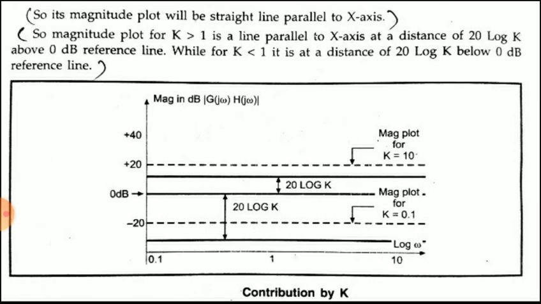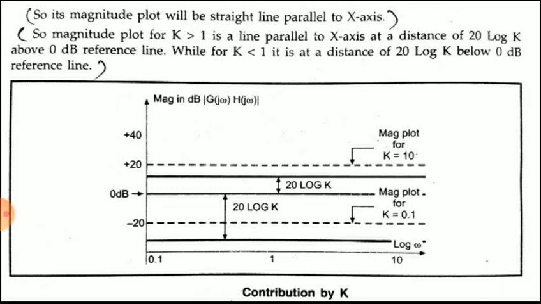For system gain k, the magnitude plot will be a straight line parallel to the x-axis. Now we will see what the magnitude plot and the phase angle plot are and how they are drawn for different factors.